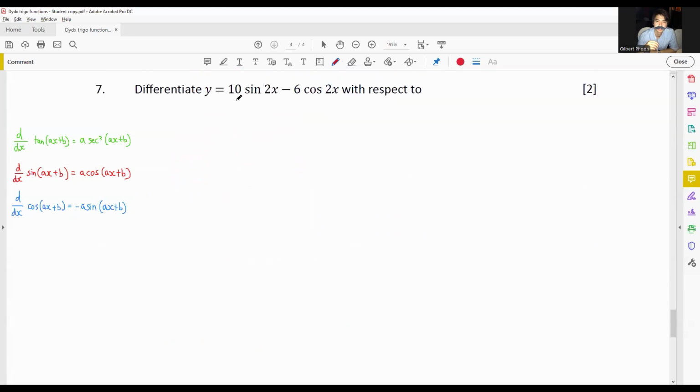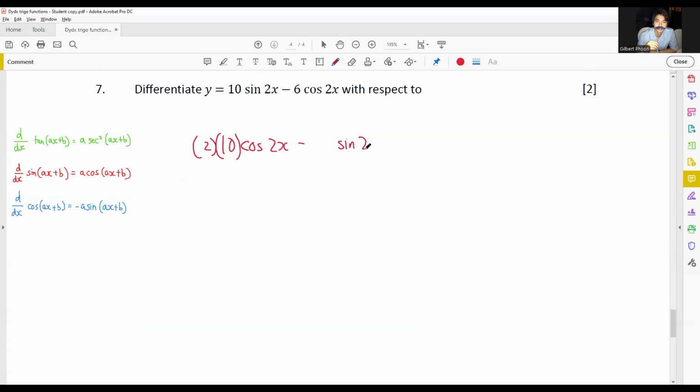Differentiate y equals 10 sine 2x minus 6 cos 2x. So this one, you have to differentiate both sine and cos. Once again, differentiate sine, you will get cos 2x. The multiplier in front is times 2, right? Minus differentiate cos, you will get negative sine.